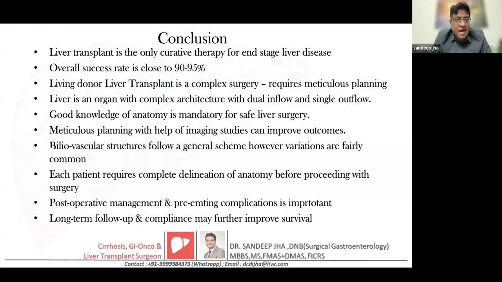Unfortunately, our hands are tied when you want to follow up these patients. And that's where the role of doctors in the home country is very important, in collaboration with liver transplant teams in India. So with that, I would conclude and say thank you for your patient listening.